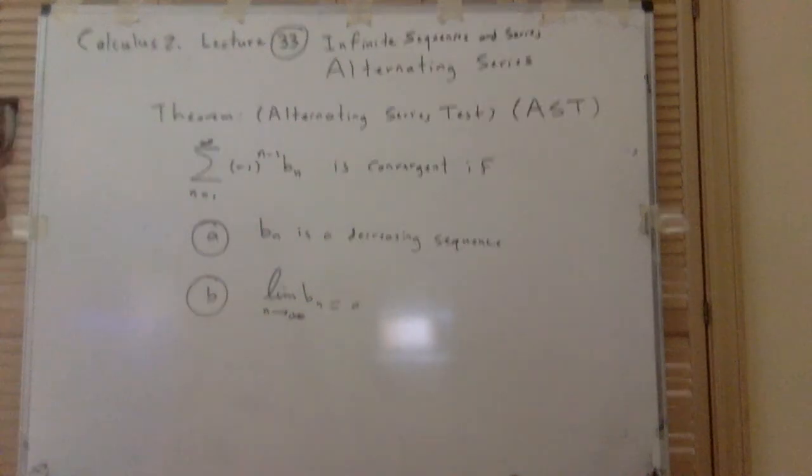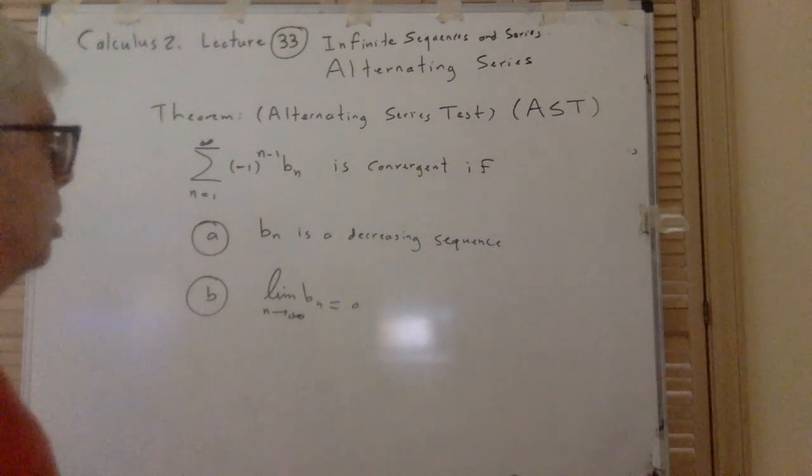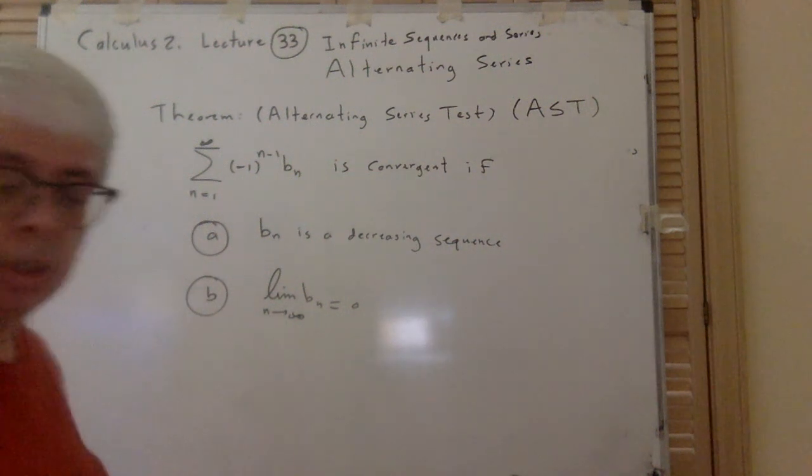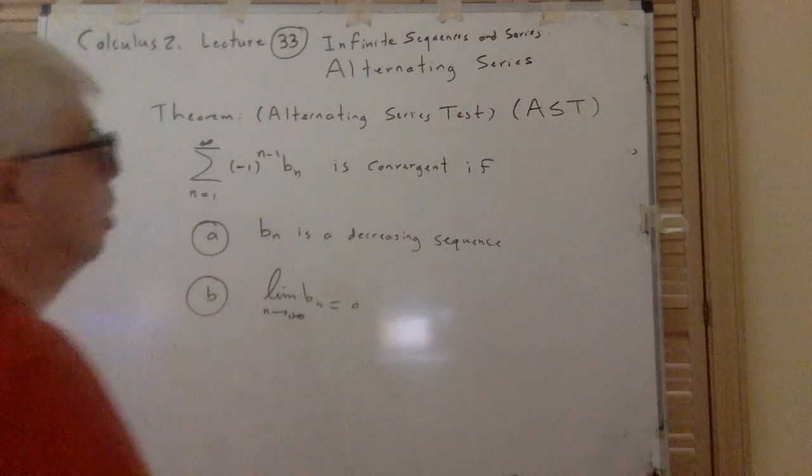So if you have an alternating series satisfying these two conditions, then it is convergent. That's the alternating series test.